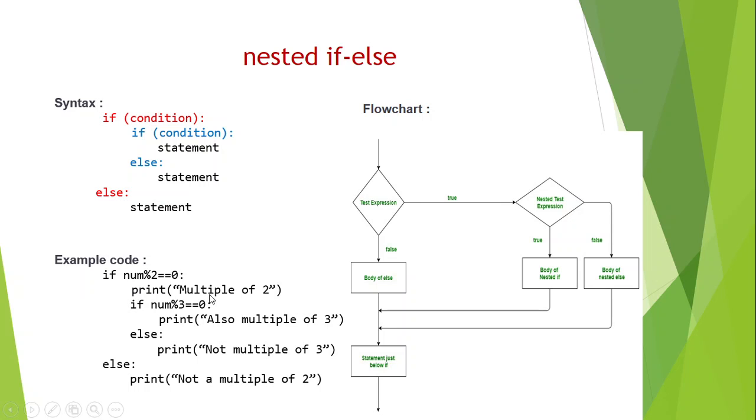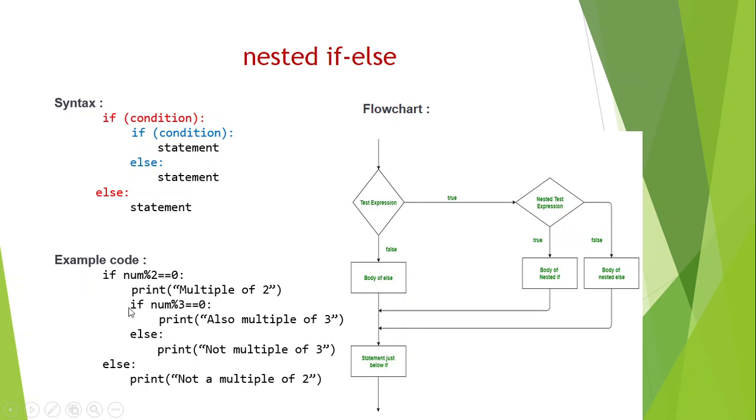We will print the message multiple of 2, and then another nested if is in this block. If num%3 equal to 0, this if is nested in the outer if. So this is possible. If this condition is met, we will print a message that the number is also a multiple of 3. Otherwise, we will print the message not a multiple of 3.